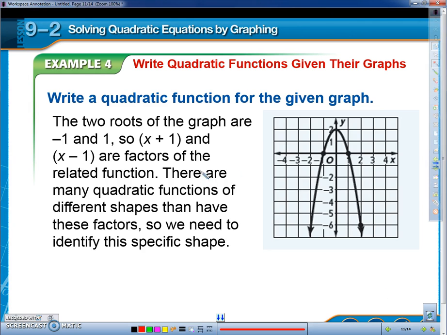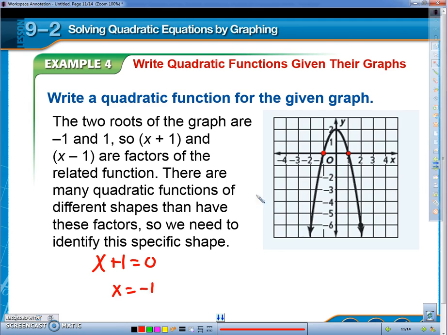All right. So now we're going to be able to write quadratics given their graphs. As we're looking at this, the two roots of the graph are -1 right here and 1. So those are our two solutions. If we were solving this, we could say x plus 1 equals 0, that would give us x equals -1.